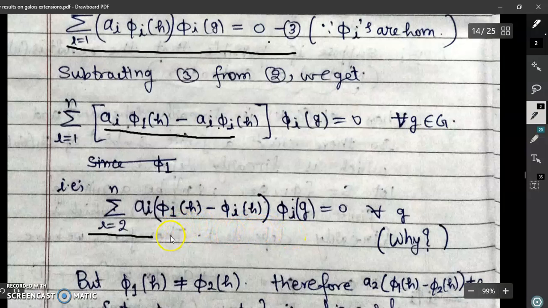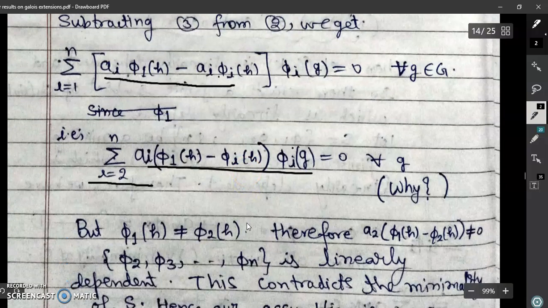Since phi 1 h is not equal to phi 2 h, the first coefficient of this summation, a2 into (phi 1 h minus phi 2 h), is not equal to 0. Why? Because a2 is not equal to 0 and phi 1 h is not equal to phi 2 h, it means phi 1 h minus phi 2 h is not equal to 0. This suggests that a2 into (phi 1 h minus phi 2 h) is not equal to 0. So this shows that some of the coefficients are non-zero in this expression.